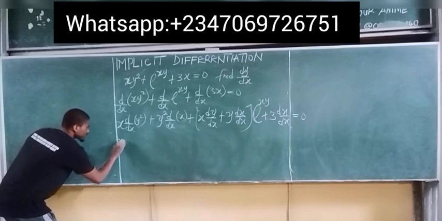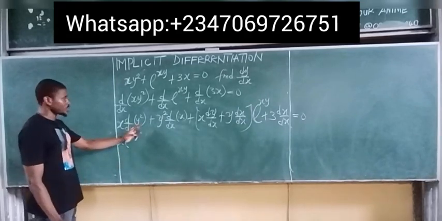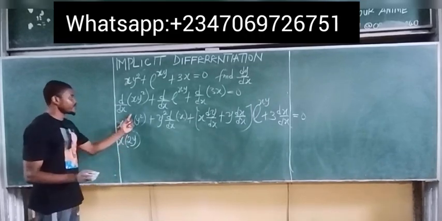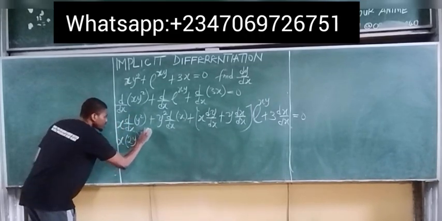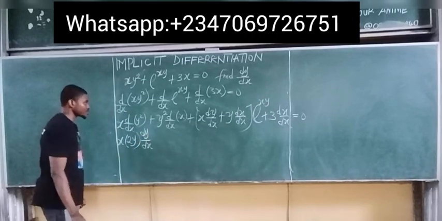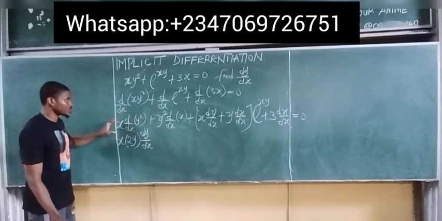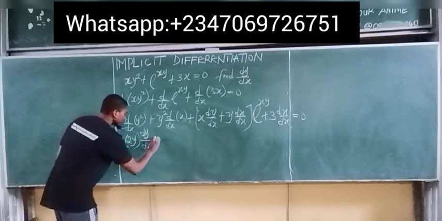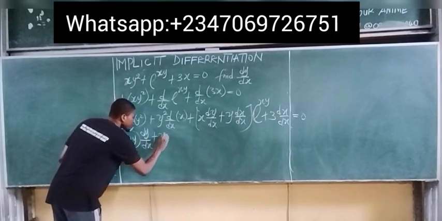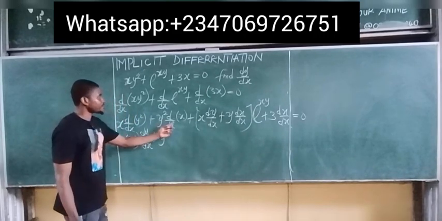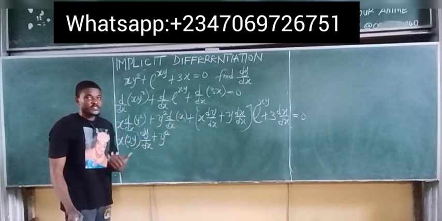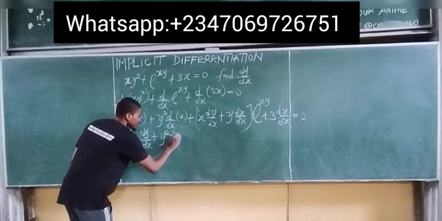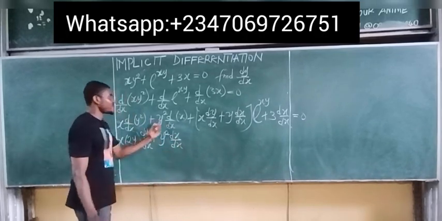Alright, so this is now x into, if I differentiate y squared, I will simply have 2y, and of course since I differentiated y, it becomes dy over dx, which shows that in this given expression I differentiated y with respect to x, so I have the dy over dx, plus here is simply y squared, and of course differentiating x will simply give me 1, but then to show that I differentiated x with respect to x, I will attach the dx over dx, which is in fact what is here.